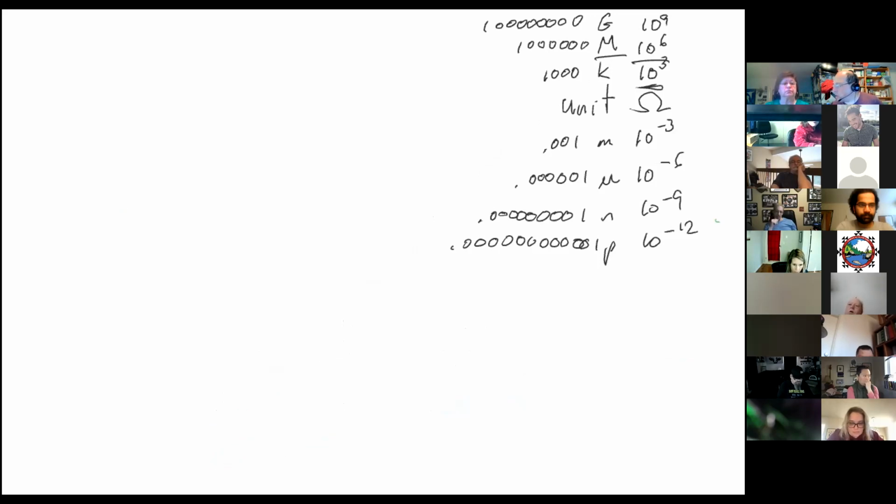A 1 farad capacitor, which we're about to get to, is an enormous capacitor. That's an enormous ability to store charge. That's what a capacitor does. And yes, kilo is a small k.